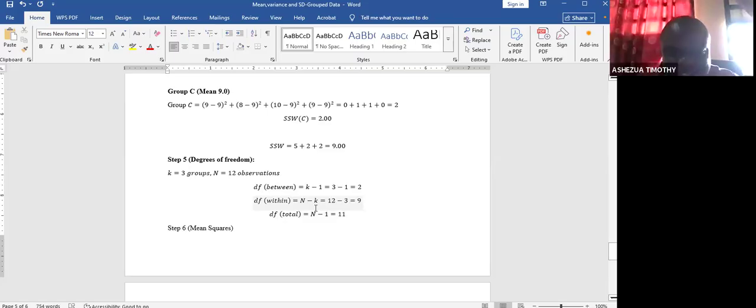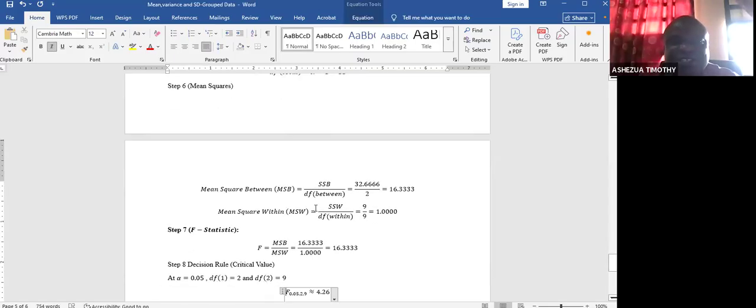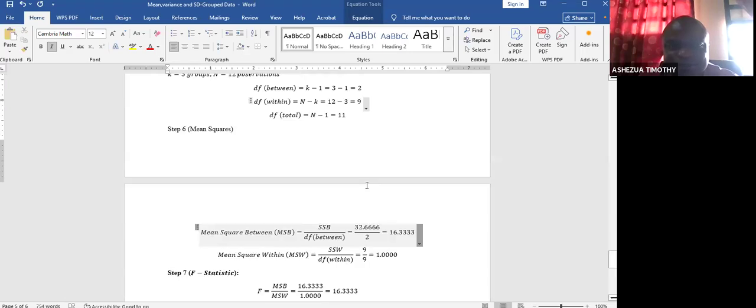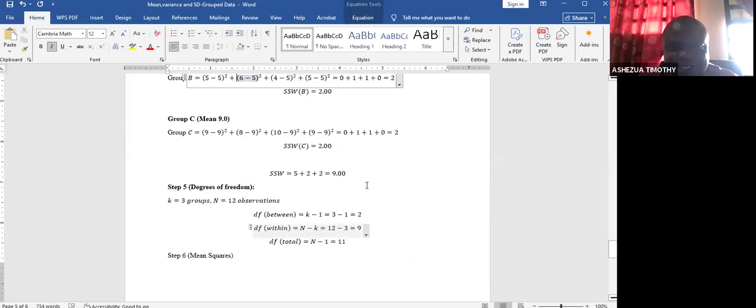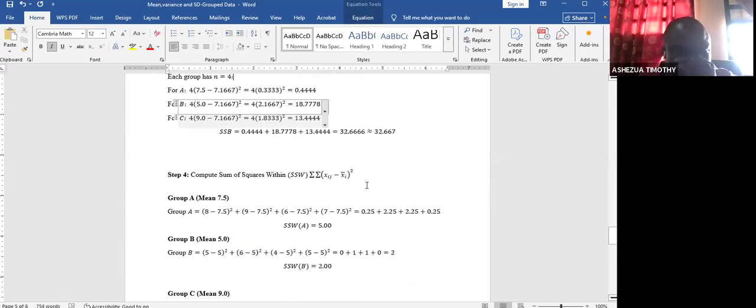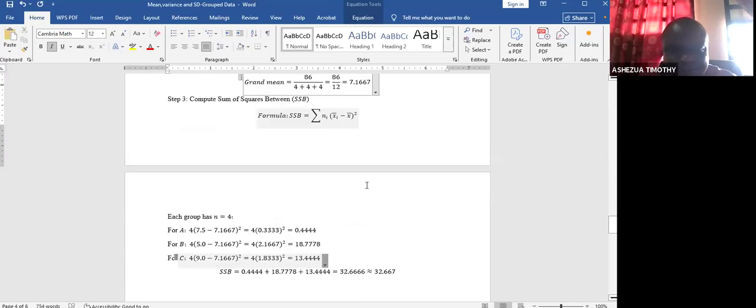I'm making progress, please. Step 6 is mean square. The mean square between is the sum of squares between all over the degree of freedom. I hope you know where SSB is. Let me show you SSB.